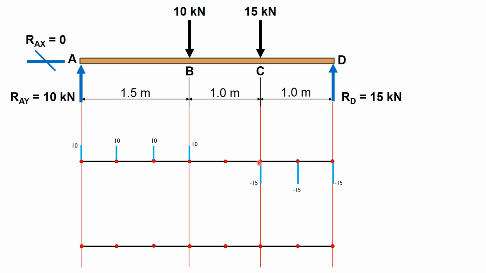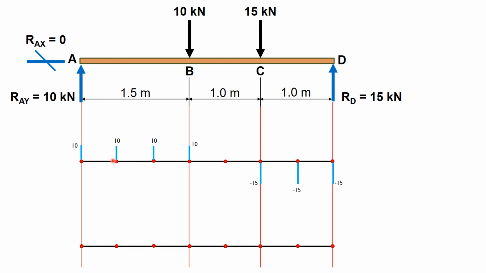Kasi sa point C, dalawang segment ang nakakonect dito. Yung CB at yung CD. Yung value ng shear from CB is 0 and that is to the left of C. Yung value ng shear sa point C for segment CD na negative 15 is to the right of C naman.